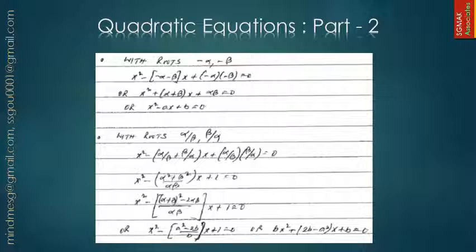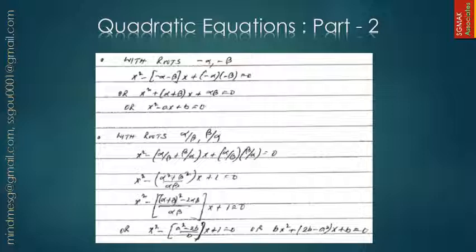What is the quadratic equation whose roots are minus alpha and minus beta, following up on the previous problem? Again, x squared minus sum of the roots times x plus product of the roots. So that gives you x squared plus ax plus b equals 0. What if the roots are alpha over beta and beta over alpha?